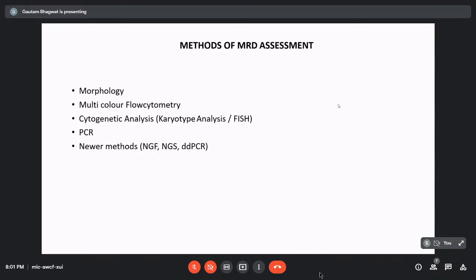MRD analysis for T-ALL has also been validated and established, and most of the centers are doing it. AML MRD, still very few centers in India are doing it, but again AML MRD is also very, very important.